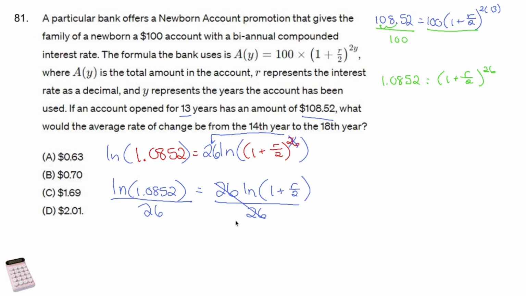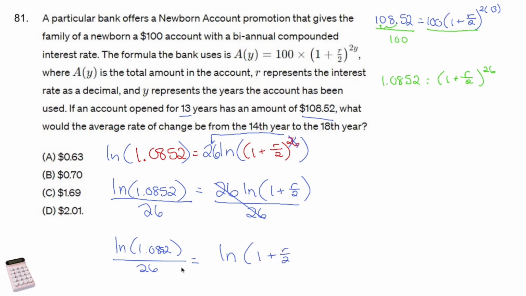Cross 26 out. That leaves me with, and this is awful, ln of 1.0852 divided by 26 equals ln of 1 plus r over 2.